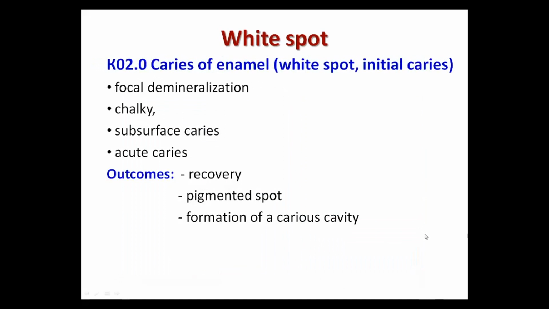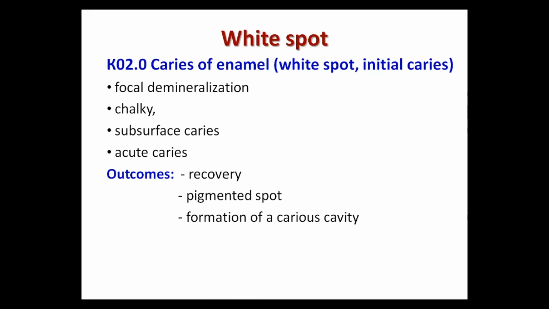As for its characteristic, K02.0 caries of enamel is focal demineralization, it is chalky, and it's subsurface caries, and it has acute course, and it is called acute caries.